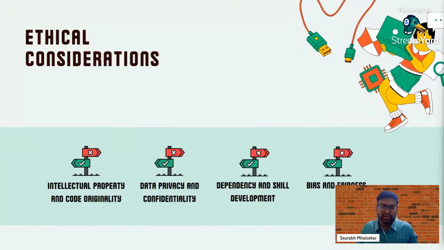A second thing that goes hand in hand is data privacy and confidentiality. Your interaction with GitHub Copilot directly trains GitHub Copilot. It's basically a cloud-based service, right? So any data that is passed to the service could be a potential privacy risk, could be confidential data.